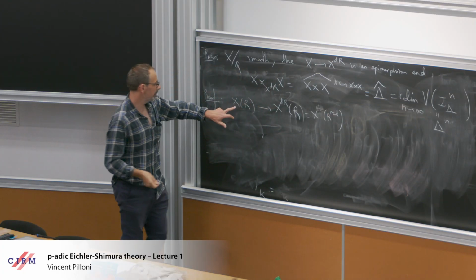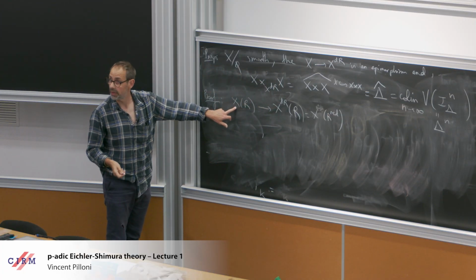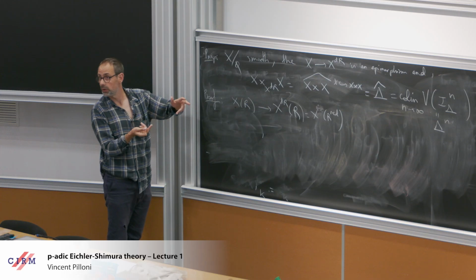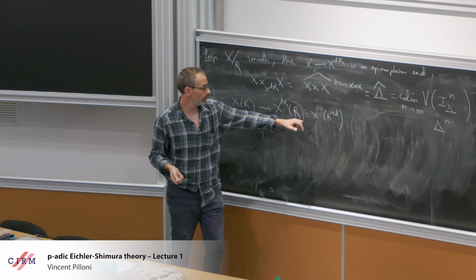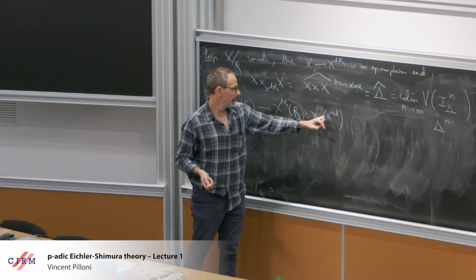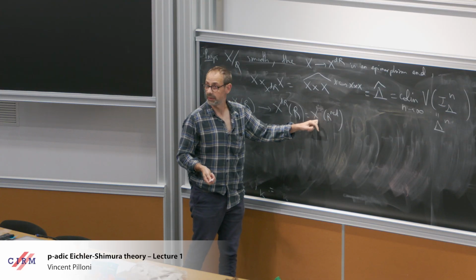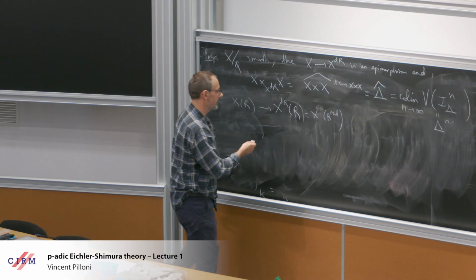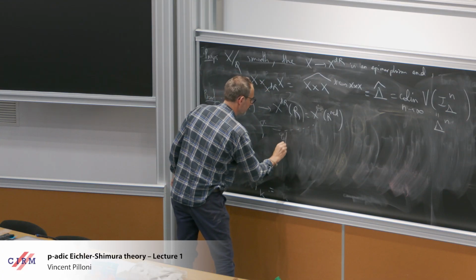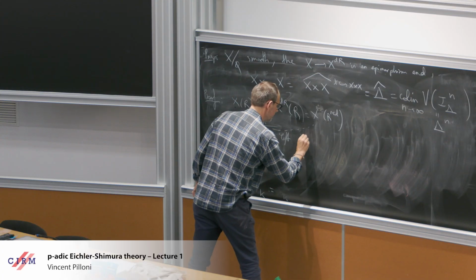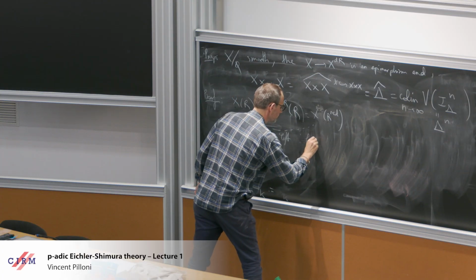This map is that you have an R point of X, but inside Spec R you have Spec R red, and so you can compose with this map and you get an R red point of X. But actually one can lift, and we use the formal smoothness.